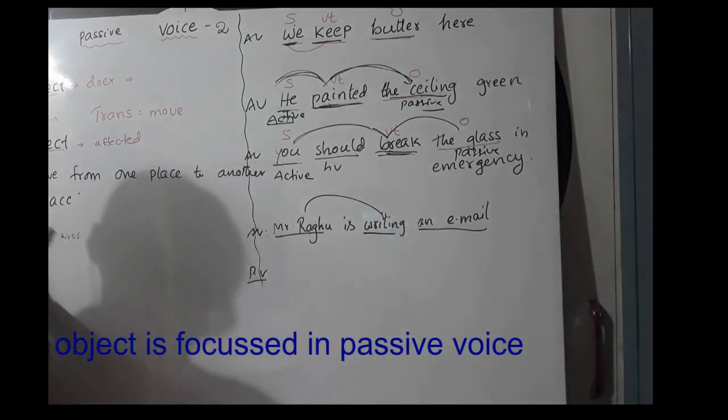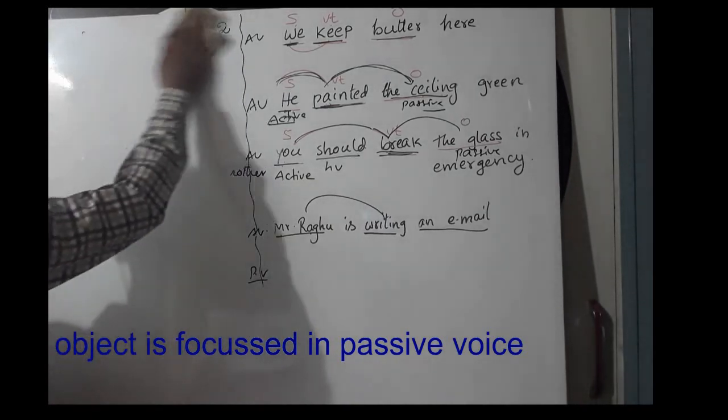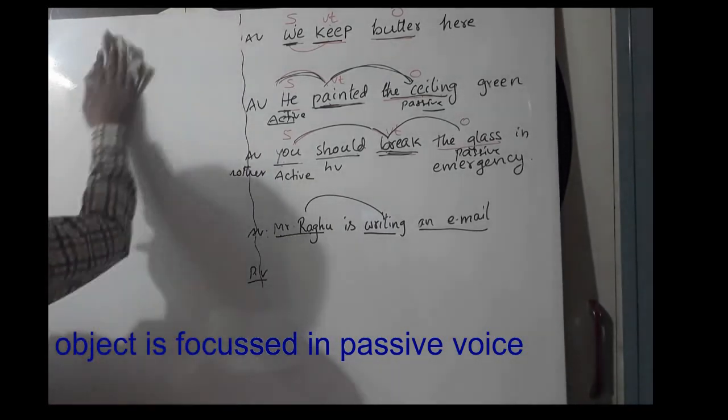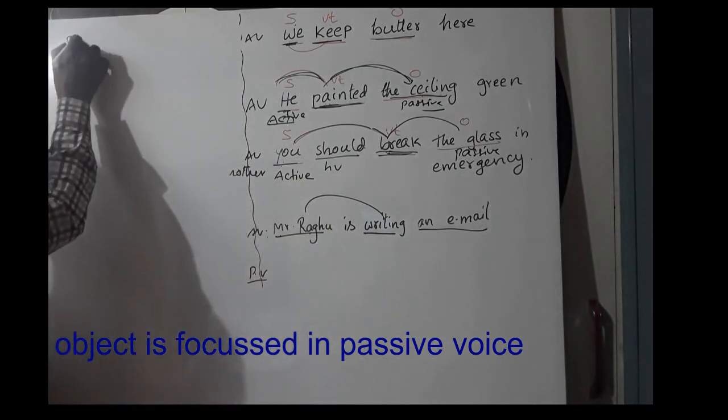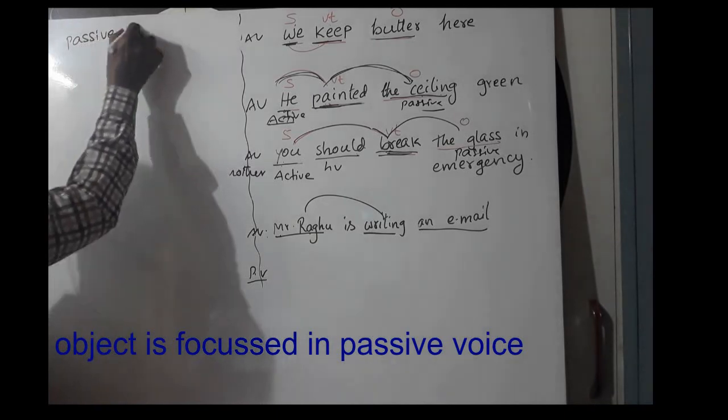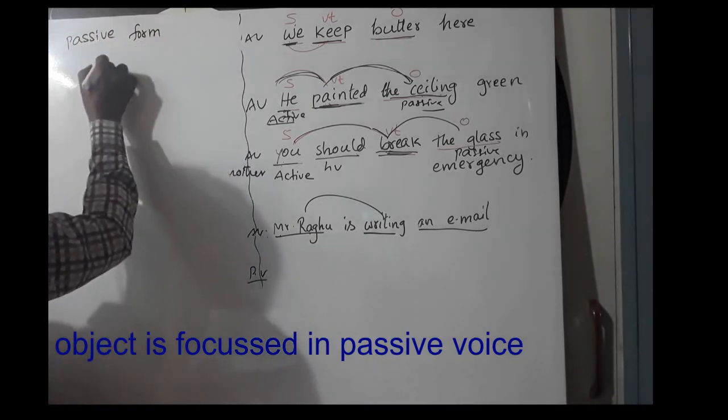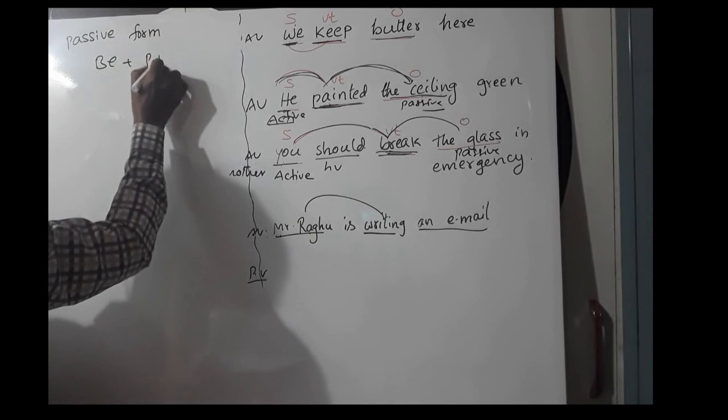Now, friends, to understand better about passive voice, one should know a few more things about passive voice. The passive form is be plus past participle.